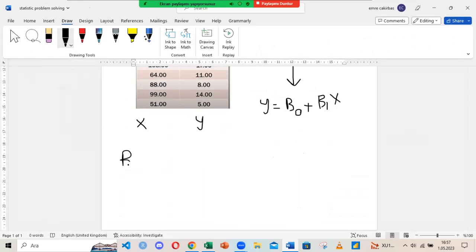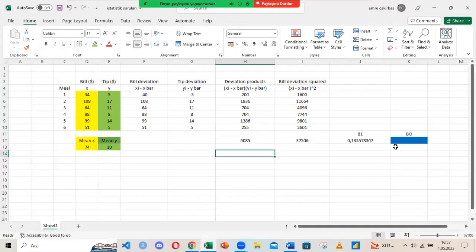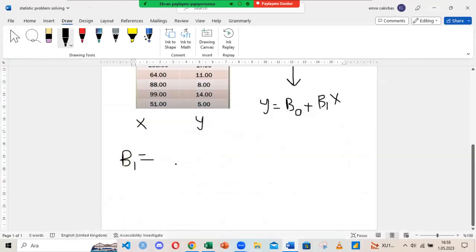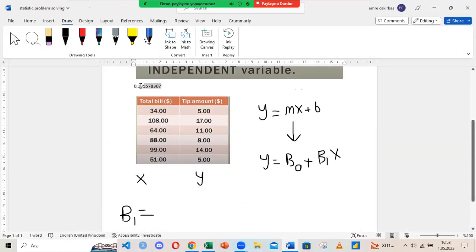And b sub 1 will be this, point 1 4 approximately, we can say.